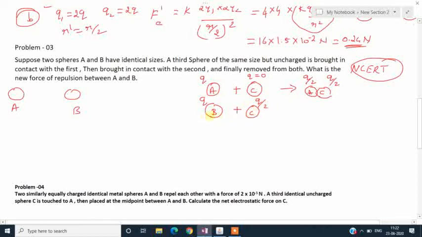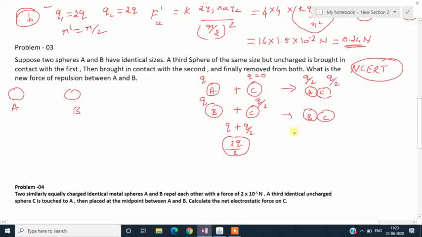So now the total charge of the system is how much? It is Q plus Q by 2. If we take the LCM 2, so 2Q plus Q, this is 3Q by 2. The total charge of the system is 3Q by 2. Now if I bring them in contact, this will become redistributed.